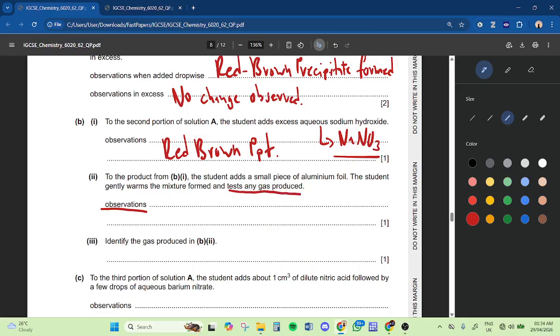So in your test, you're obviously going to have a red litmus paper. So you're going to mention that gas produced turns damp red litmus paper blue.